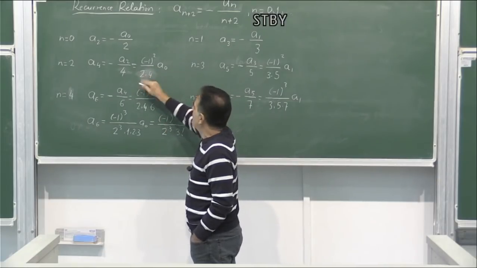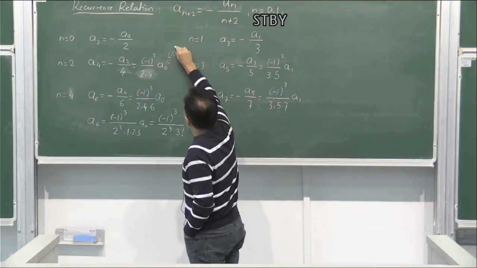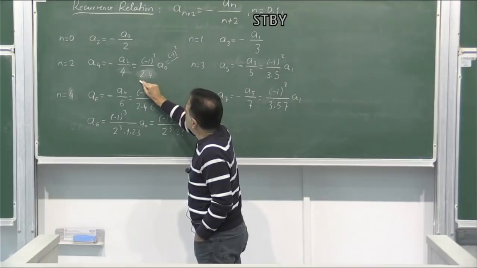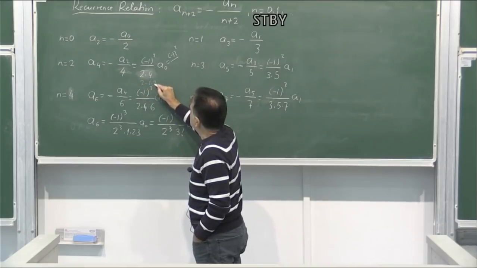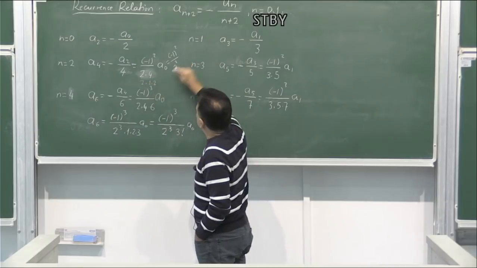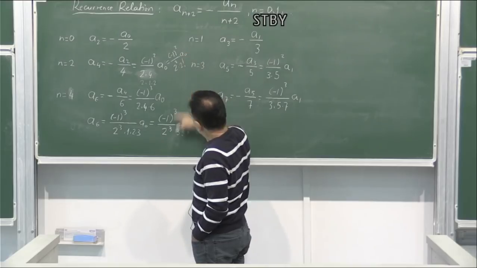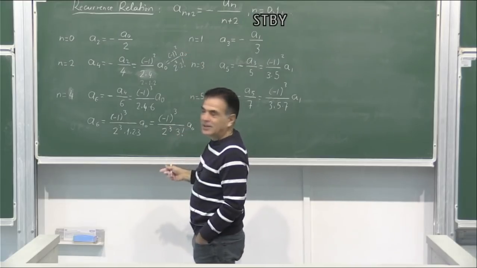This can be written as minus 1 squared over 2 squared, 1 times 2 is 2 factorial, a0. Good. So the same structure.